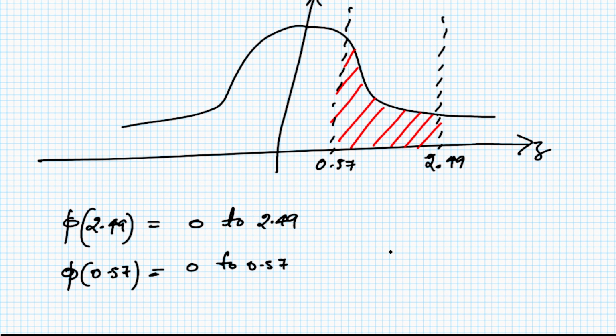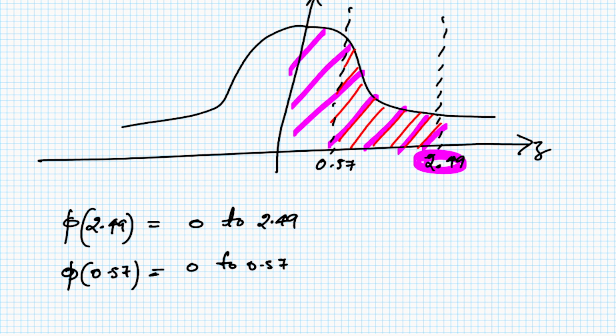Now, let me change to a different color. When I calculated for 2.49, I already have this total area. It actually takes care of 0 to 2.49. But I want only from 0.57 until now.